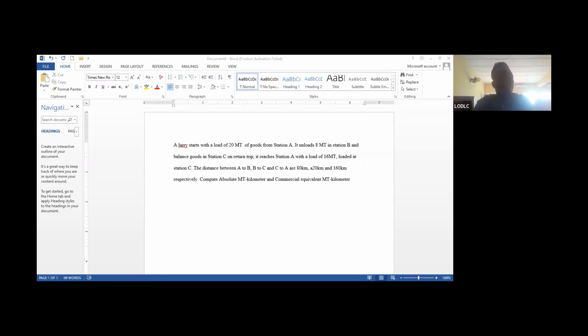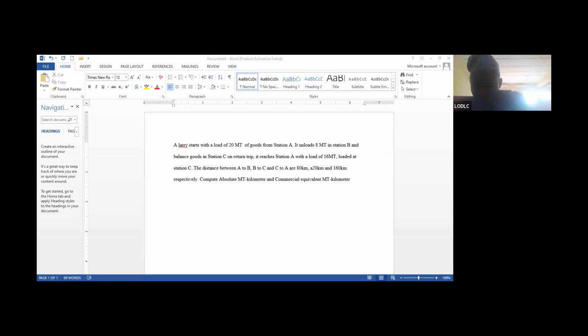But there's one thing that is said. If you look at it, it unloads 8 in station B. That shows that from B to C, it will remain 12, because the lorry starts with 20 metric tons, then when it gets to B, it unloads 8 out of the 20.